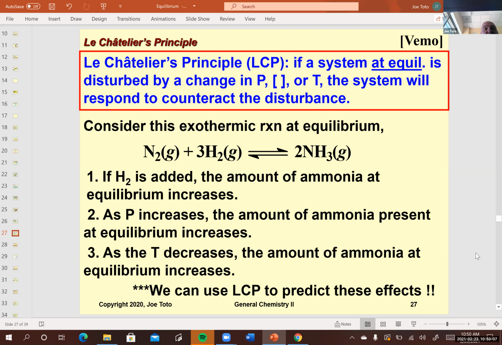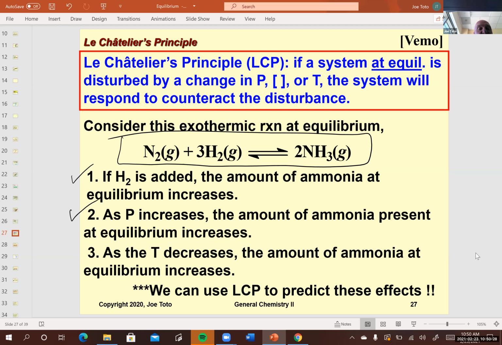All right. So we take a look at this first example. This is a familiar reaction. It's the Haber reaction to form ammonia. And over here, it says, if H2 is injected into the system at equilibrium, it shifts to the right. If pressure is increased, it shifts to the right.